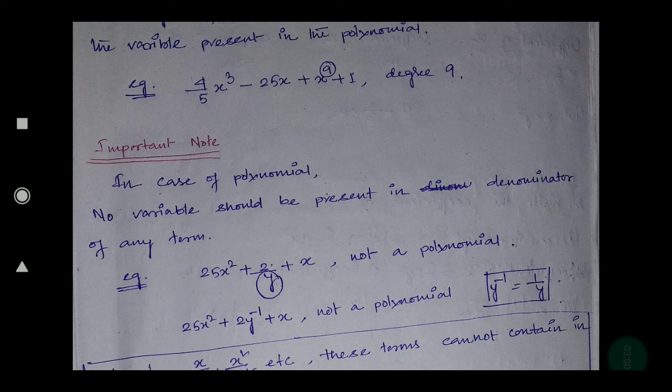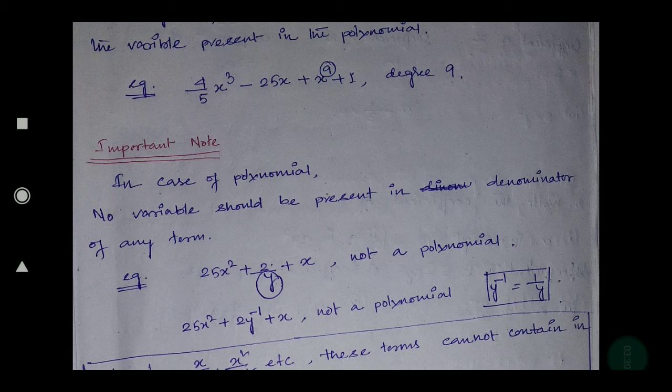In the denominator, a numerical number can be there, suppose 25x square plus y by 200, but a variable should not be present in the denominator. If a variable is there in the denominator, then it is not considered a polynomial.